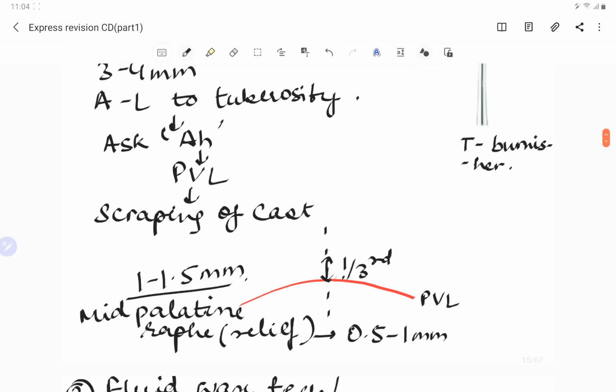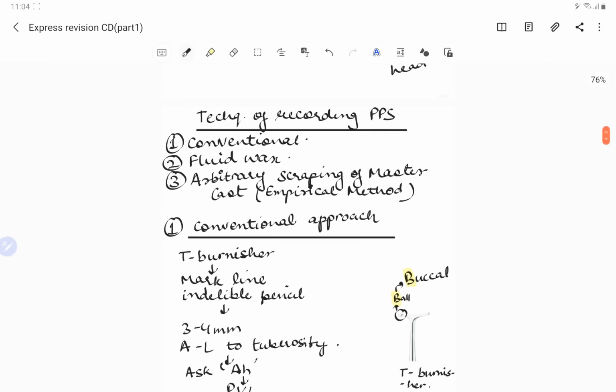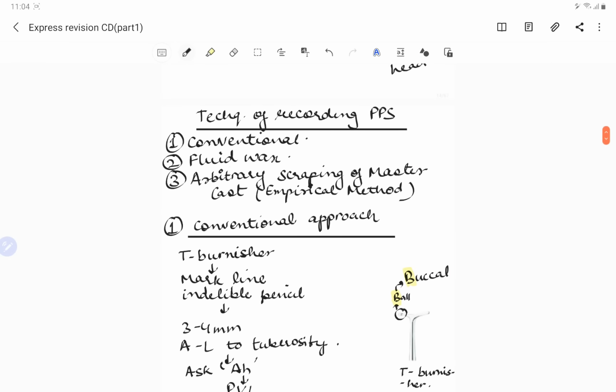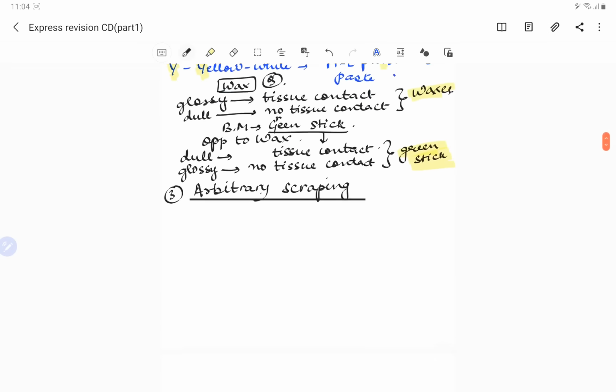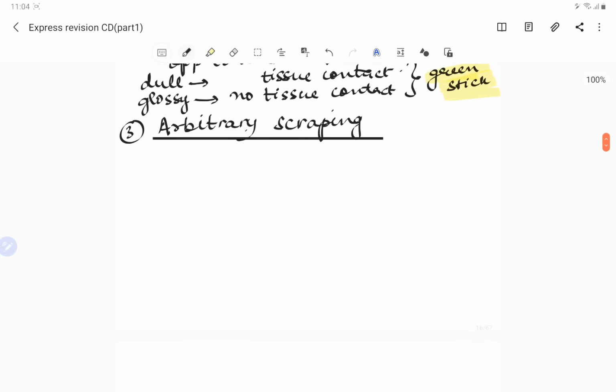If we look at the three methods: conventional method, the fluid wax technique and arbitrary scraping of the master cast, this arbitrary scraping is actually the least acceptable method out of all three.